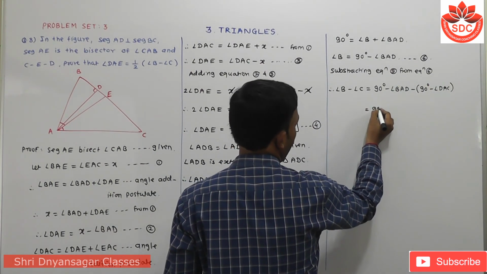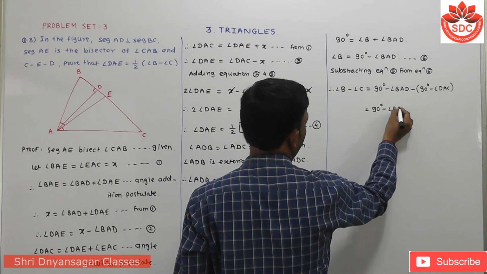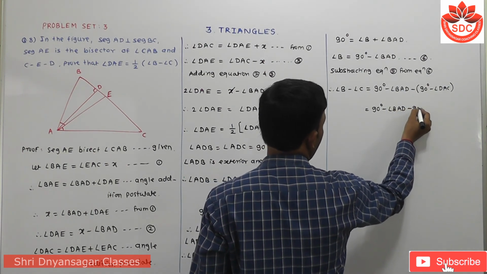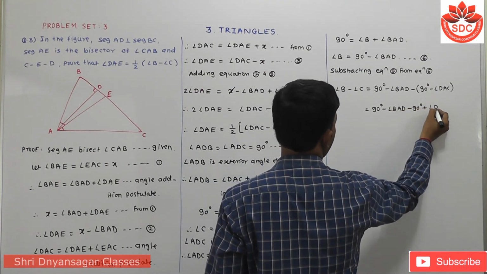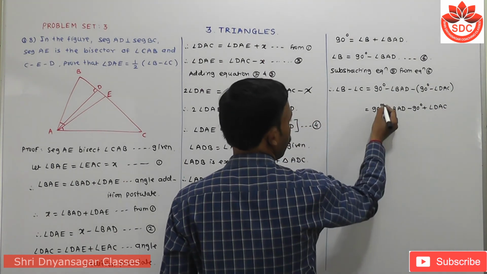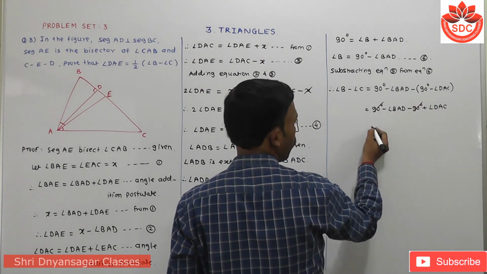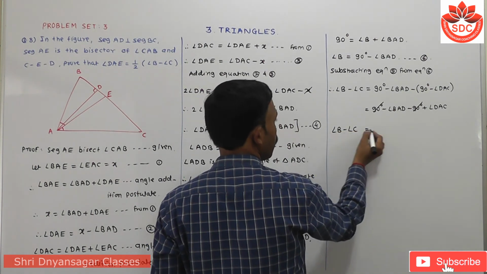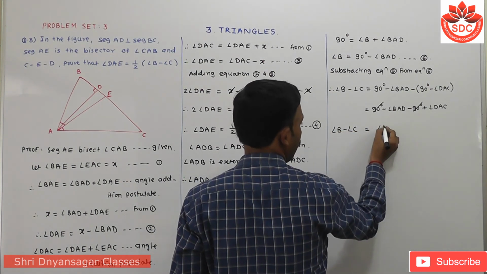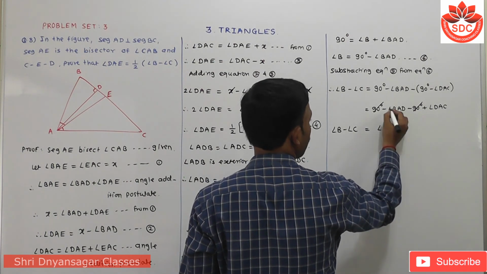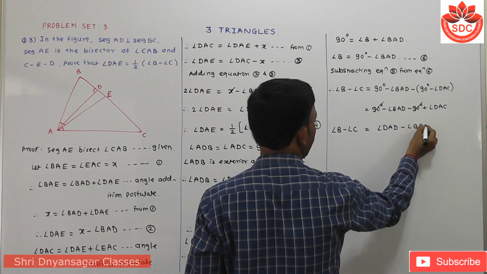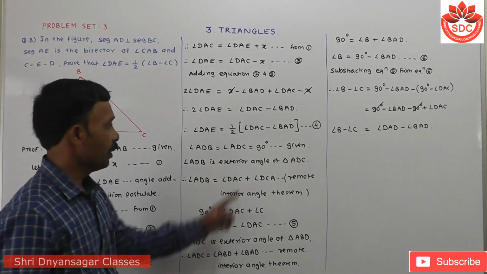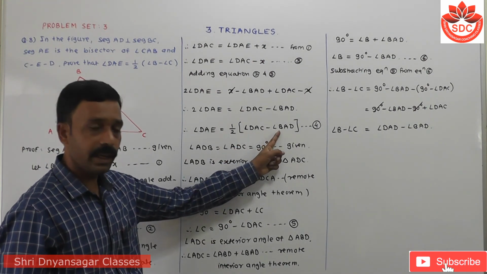This is 90 degree minus angle BAD minus 90 degree plus angle DAC. Then this gets cancelled, plus minus. I have to write here angle B minus angle C. Take first angle DAC minus angle BAD. Now look here, DAC minus angle BAD.